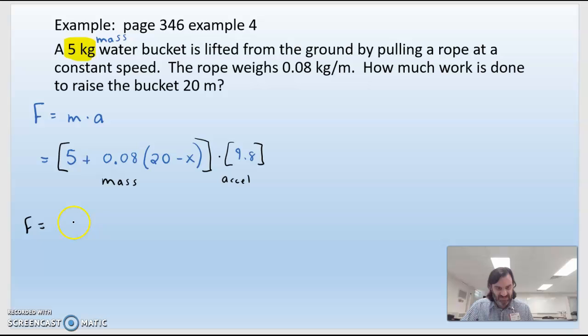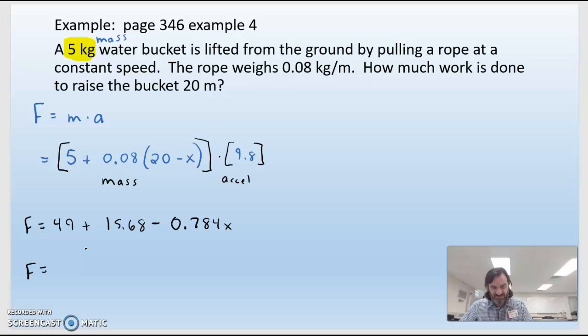So I'll take this and make it 5 times 9.8 is 49, and then plus 0.08 times 20 times 9.8 looks like 15.68, and then we'll have minus 0.08 times 9.8, and I hope I'm getting the right numbers here, but that'll be in terms of x, so 0.784x.